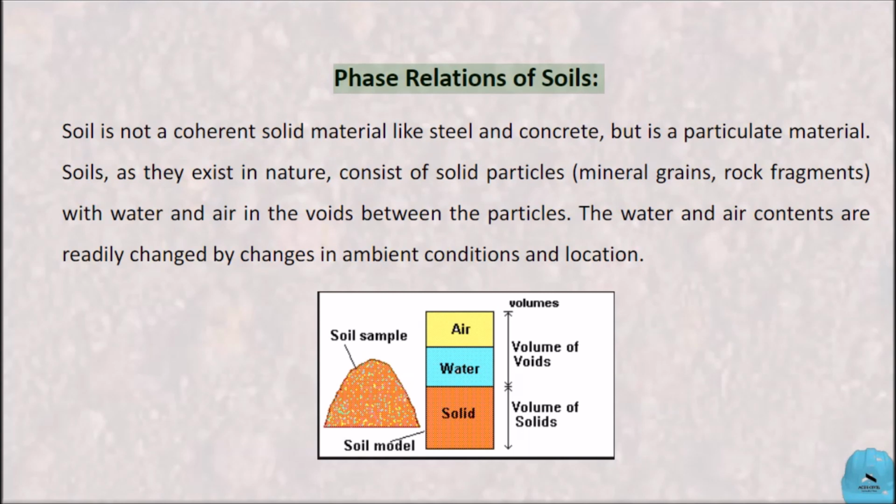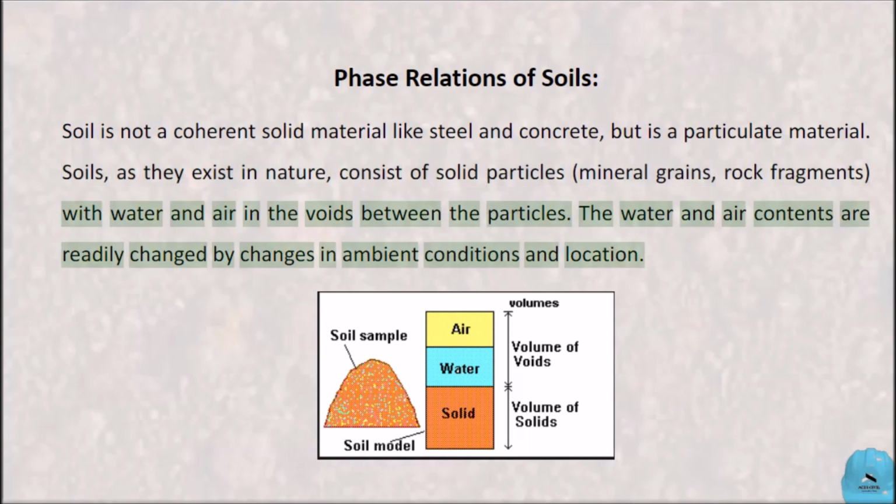Phase relations of soils. Soil is not a coherent solid material like steel and concrete, but is a particulate material. Soils, as they exist in nature, consist of solid particles, mineral grains, rock fragments, with water and air in the voids between the particles.